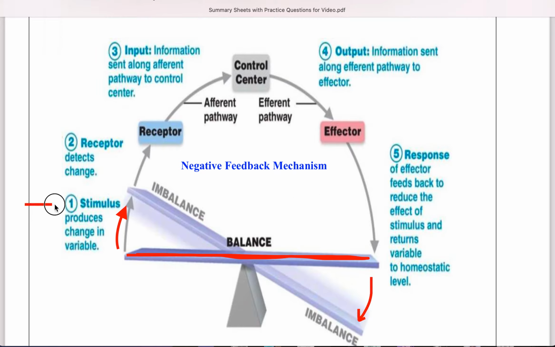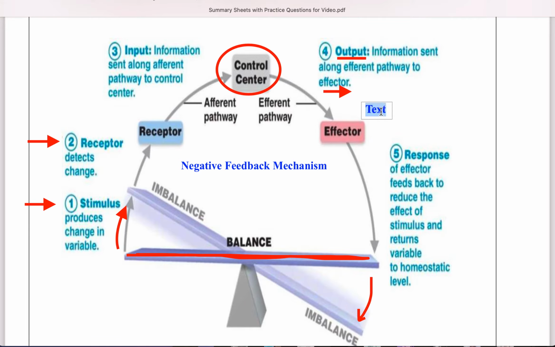So first of all, there should be a stimulus which is detected by your receptors, and these receptors send the message to your central nervous system, which passes the output to effectors, which are your glands and muscles. These are not written over here.